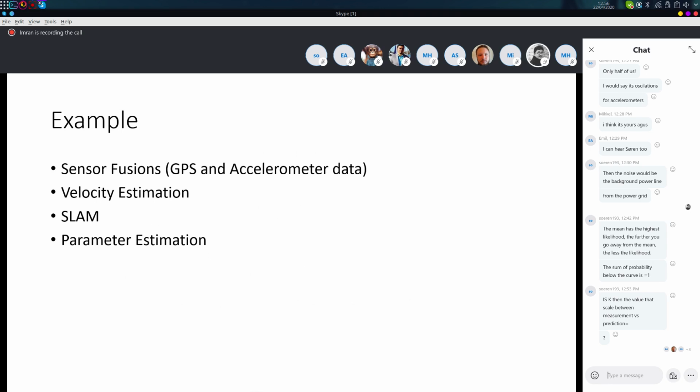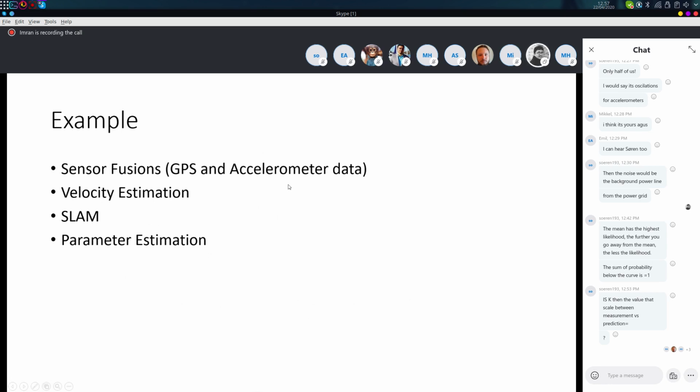You have a GPS receiver with accelerometer data, and let's assume that from the accelerometer you get the acceleration for 3 axes. So you have acceleration in the x direction, y direction, and z direction. And then you want to fuse those data.